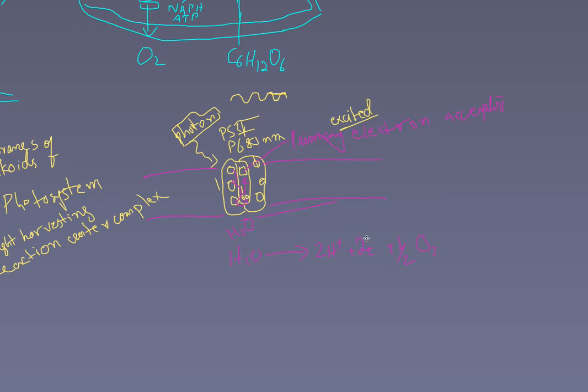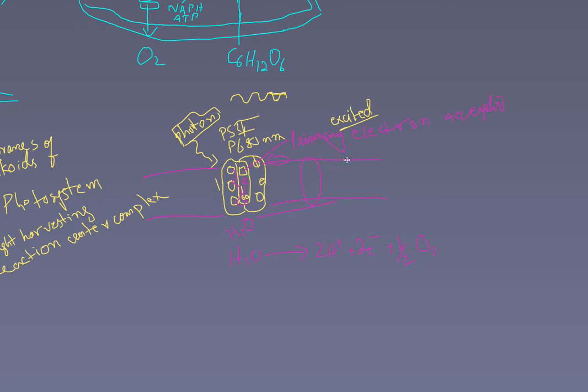So here we have 2 electrons and 2 protons. These 2 electrons replace the electron which the chlorophyll molecule lost here, and the primary electron acceptor passes that electron, which is in a high excited state, down to the next complexes. This is the process we discussed in the previous videos, the electron transport chain.